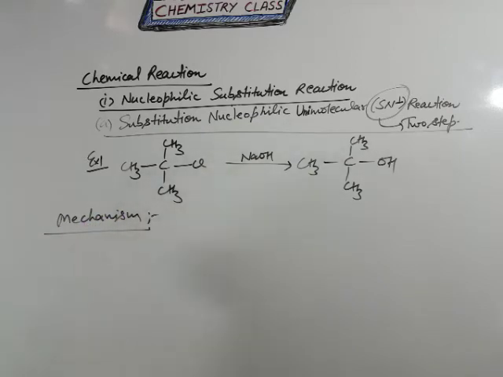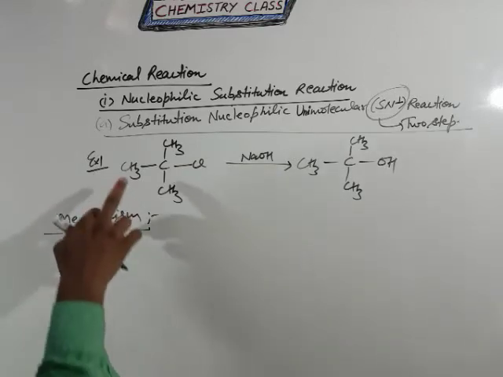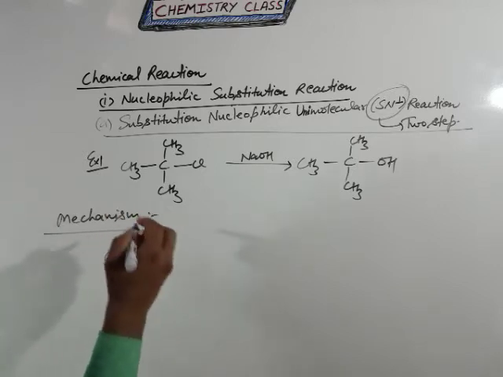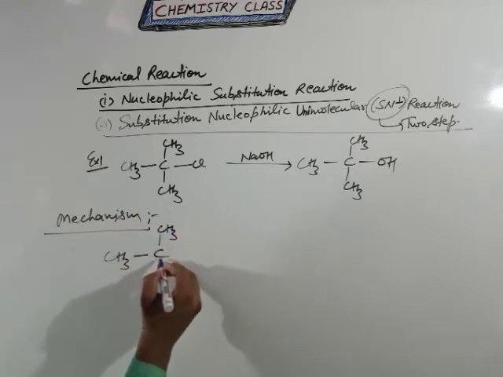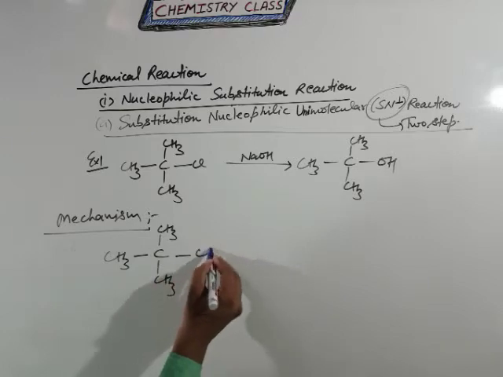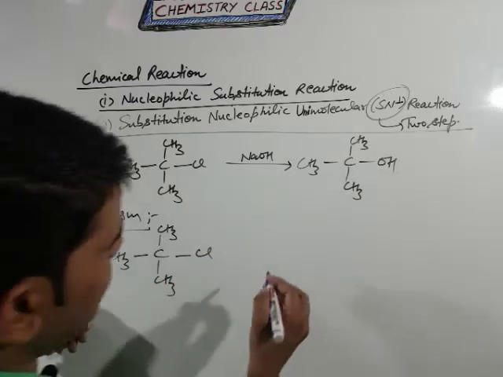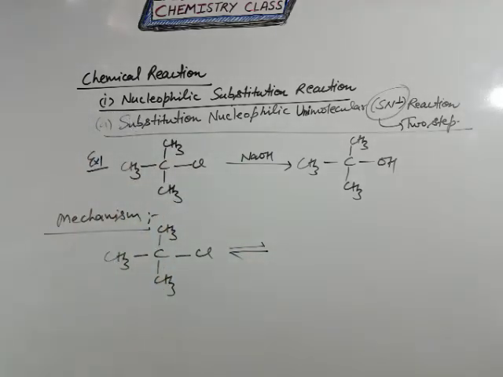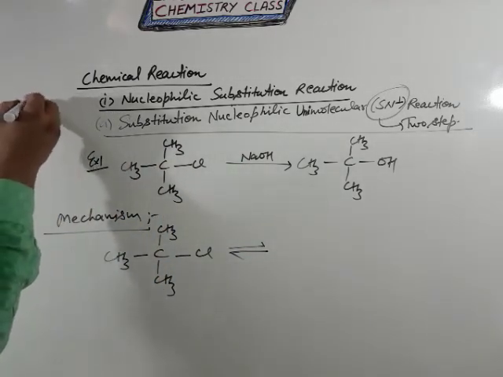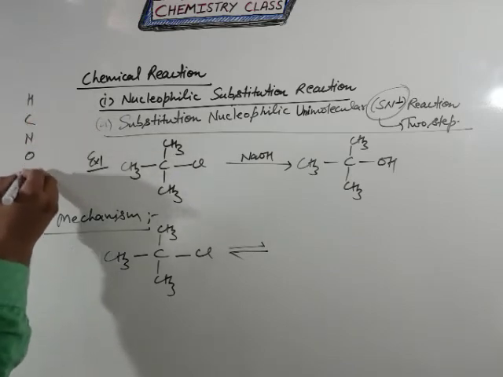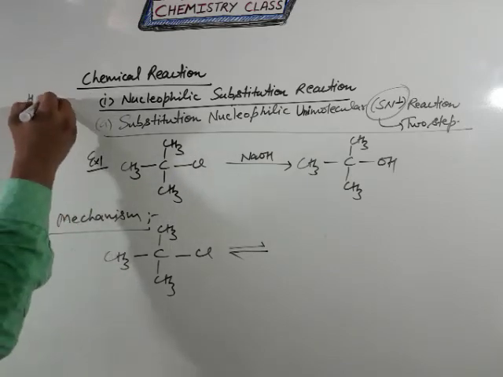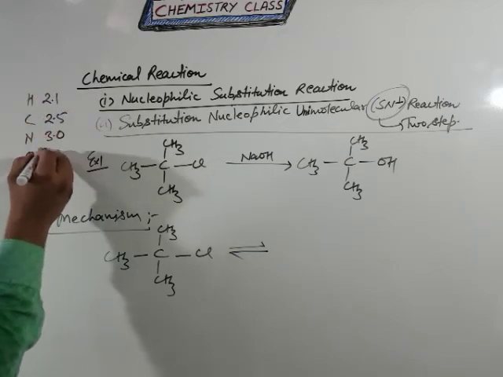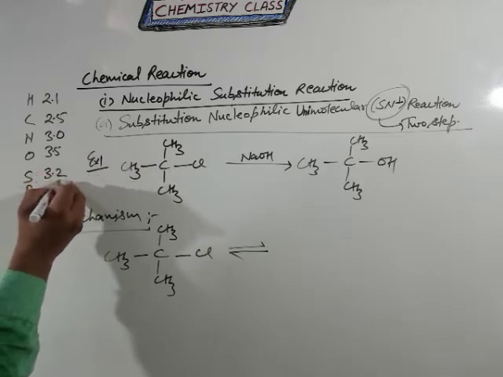Mechanism. So what is the main reactant? In this case the main reactant is alkyl halide, here tertiary alkyl halide. So first you write the tertiary alkyl halide. Clear? For the breaking of the bond, first remember some key points of electronegativity: hydrogen 2.1, 2.5, 3.0, 3.5, 3.2 and 4.0.